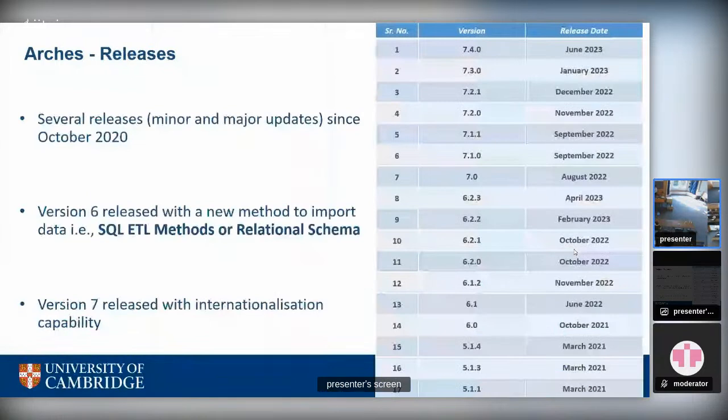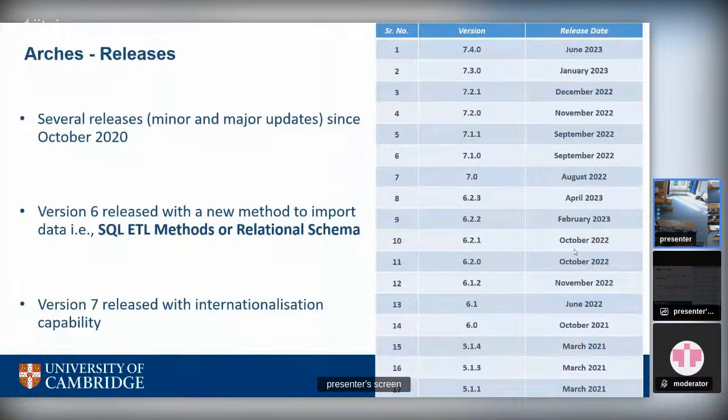It's been very interesting to keep on updating the instance, but you can see that there have been over 18 new releases since then. One of two major releases that are particularly interesting was version 6, which released a new method to import data into ArcGIS using the relational or schema or SQL ETL methods, which would deal with the complexity of this nested data structure.